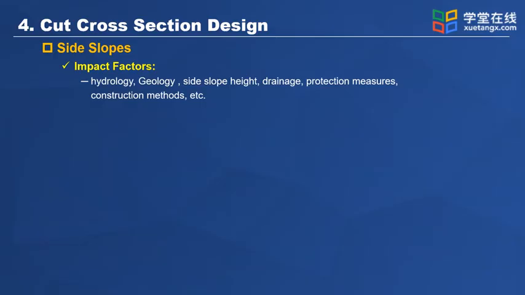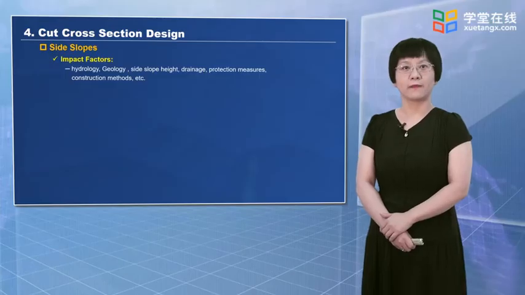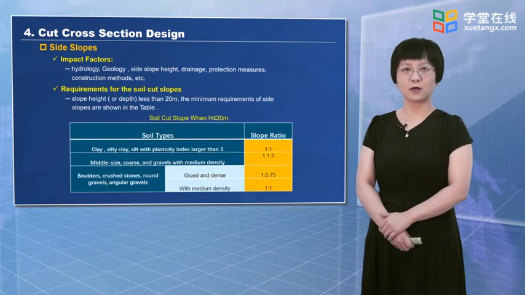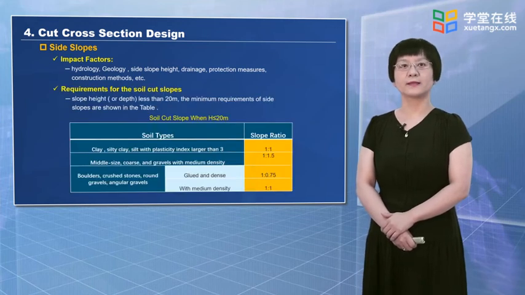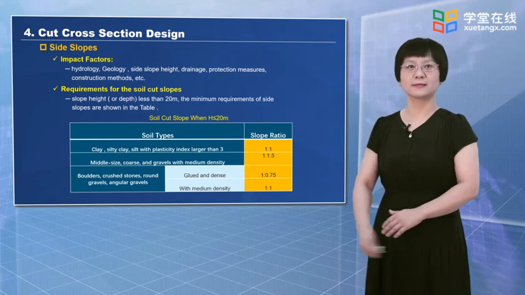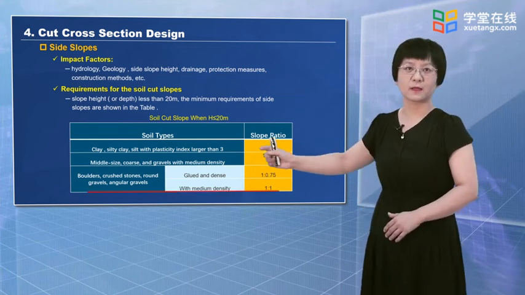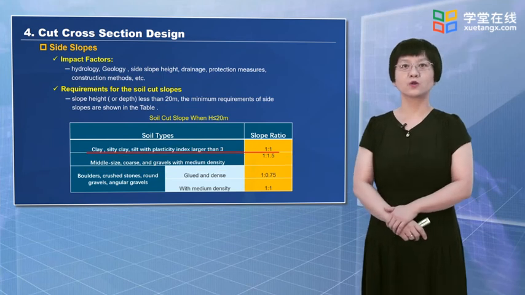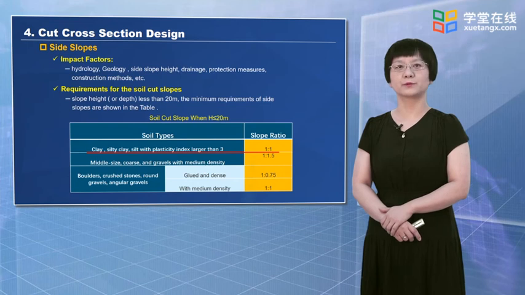Cut slopes are dependent on hydrology, geology, slope height, drainage, protection measures, construction methods, etc. The ordinary cut slopes for soil can be determined through the recommended value as listed in the table. For example, when the soil is clay, the slope ratio can be chosen as 1:1.